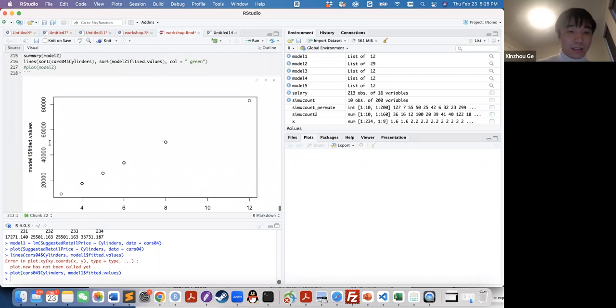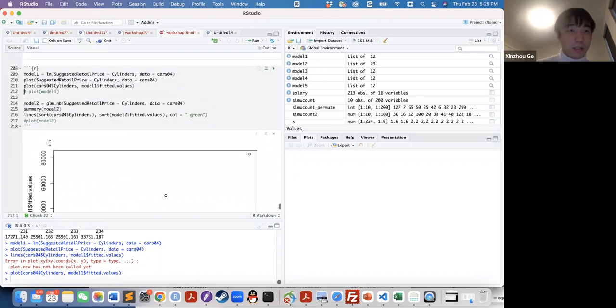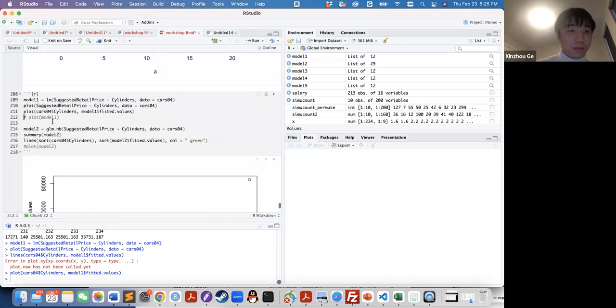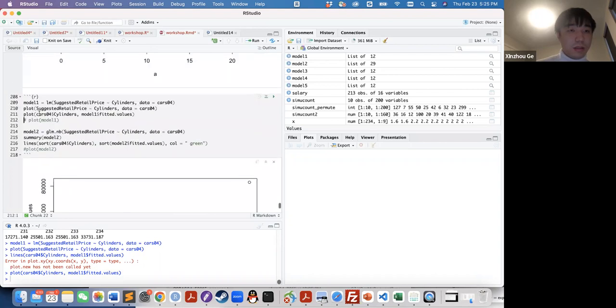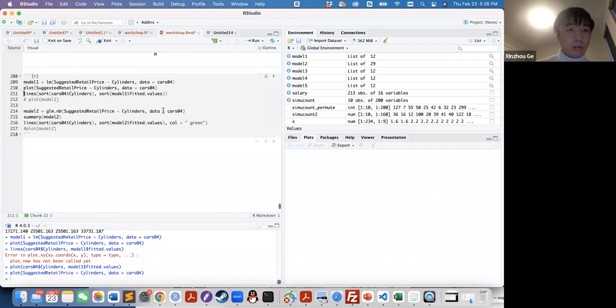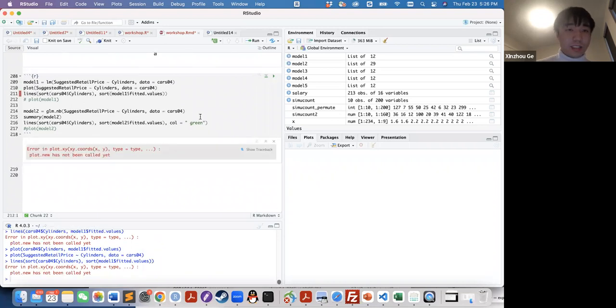Okay, it seems to be not a problem. So maybe I need to do the sorting, I don't know, or it will be some problem. Okay, it still doesn't work.